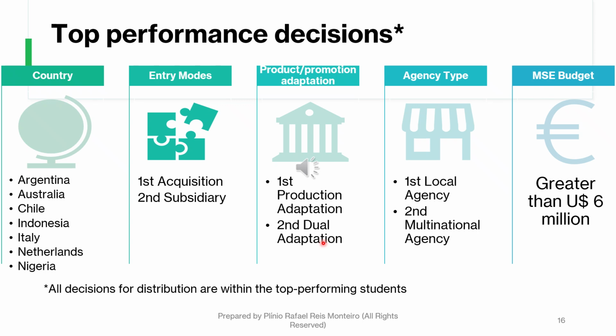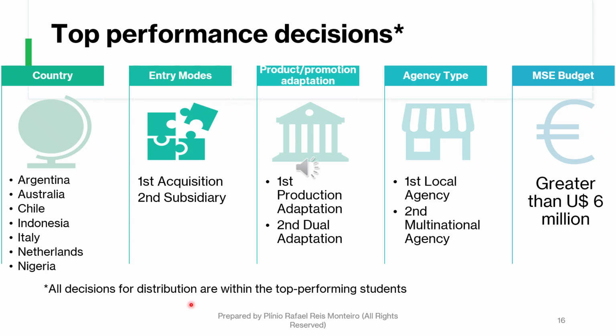And in terms of entry modes, in the first position we have acquisition and then subsidiary. And this is an interesting topic because only a few students had the bold decision to use acquisition, but those that did achieved one of the highest scores in the simulation.